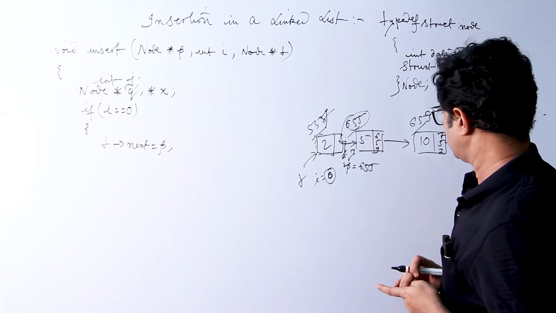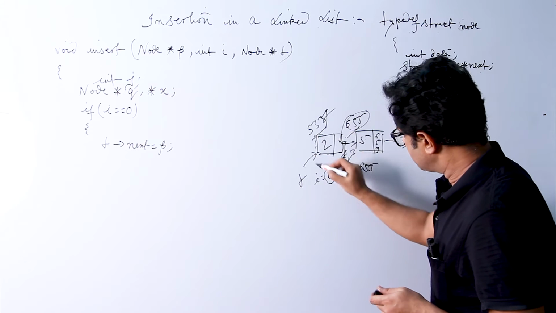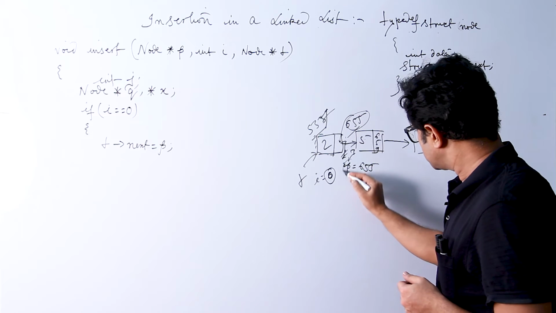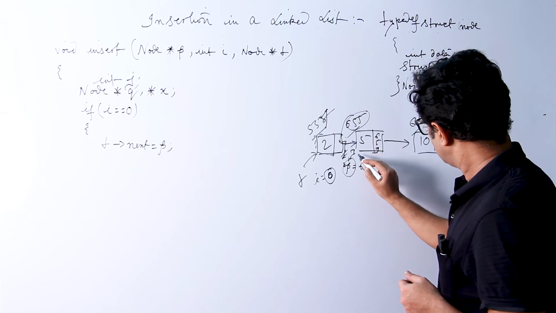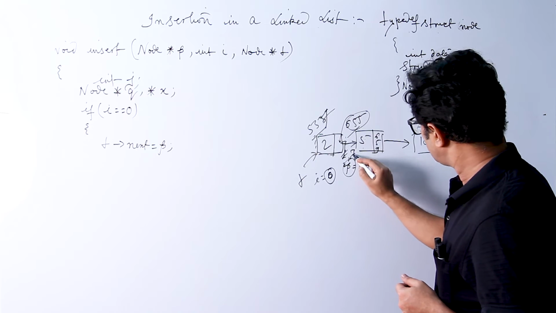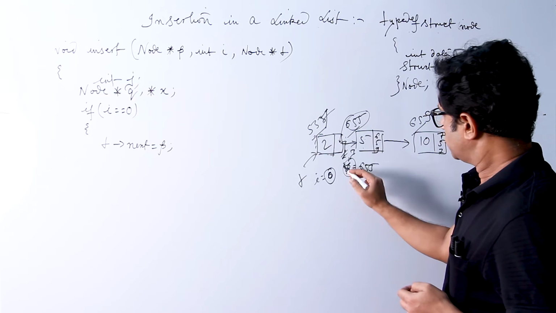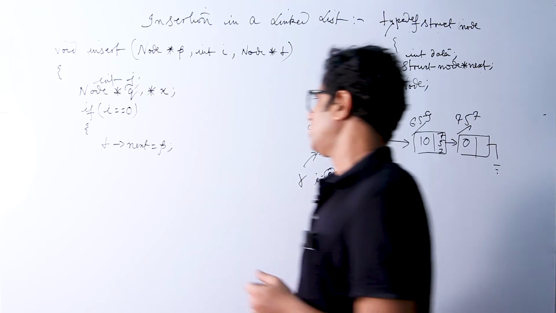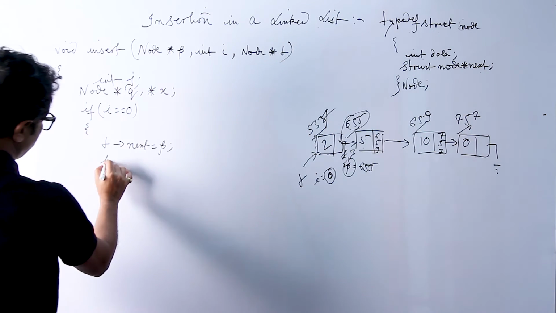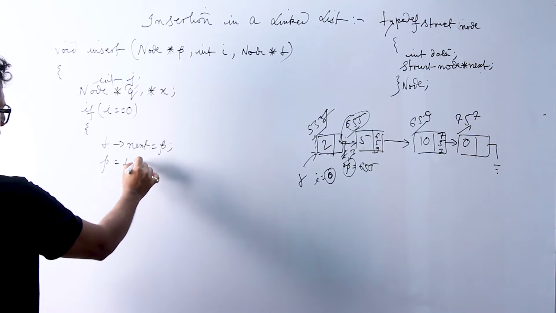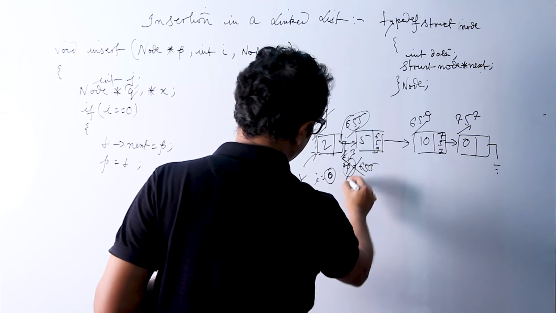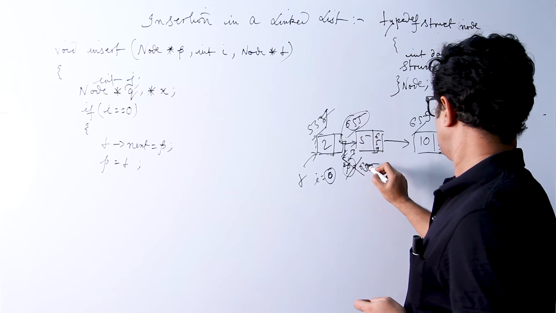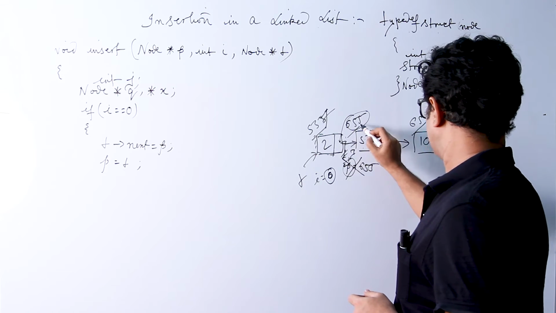Another thing we have to do: since this becomes the first node of the entire sequence, I have to update this list pointer from pointing to this position to pointing to this position. So this P is to be updated to this T. So I will write this operation, P is equal to T. P is equal to T means P never points to this position. P now does not point to 655, the address 655.